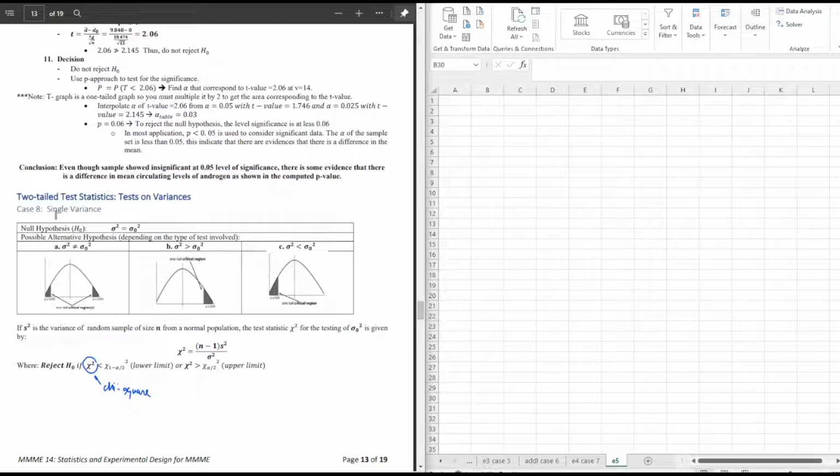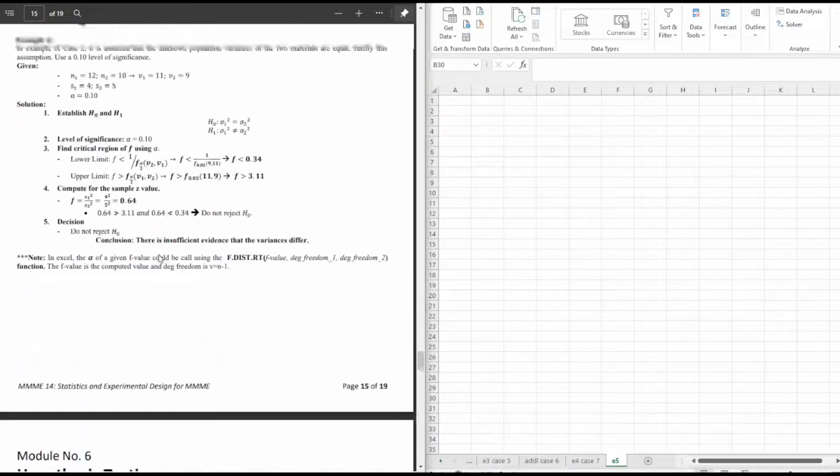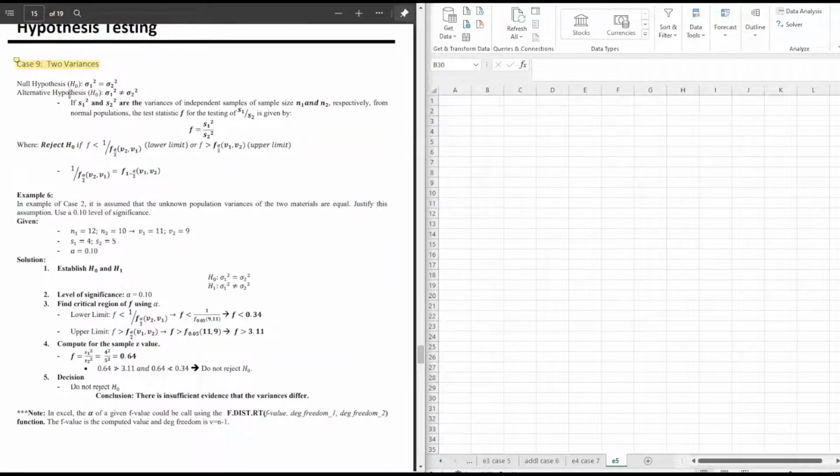So we are checking if a sample variance is comparable to a population variance. Then in case 9, we have multiple data sets, usually two, so we have two variances, and we want to compare if the two data sets are comparable to each other.